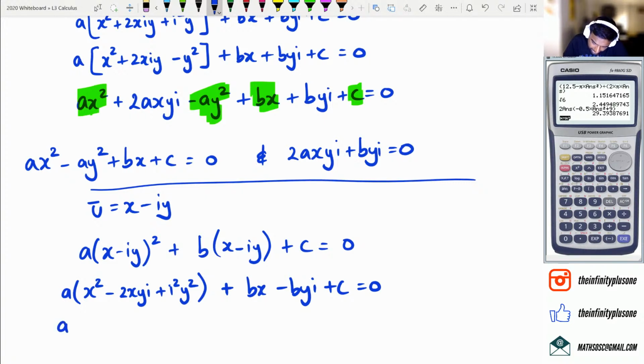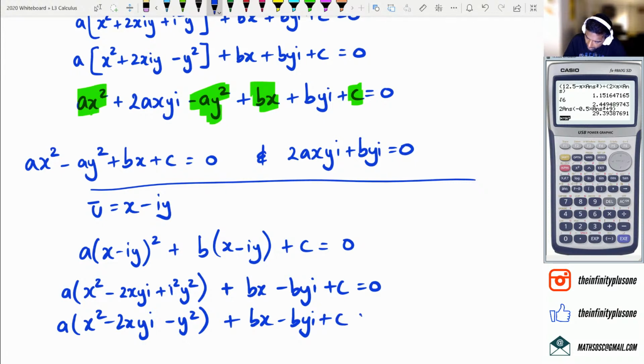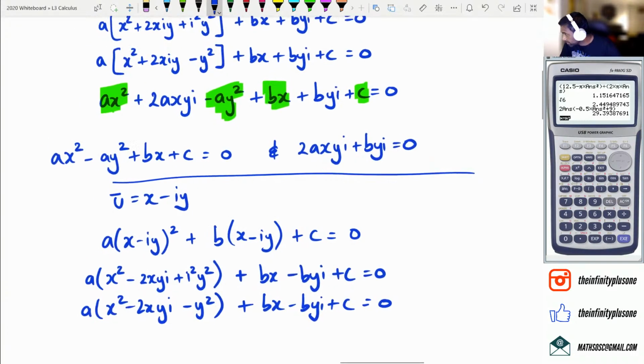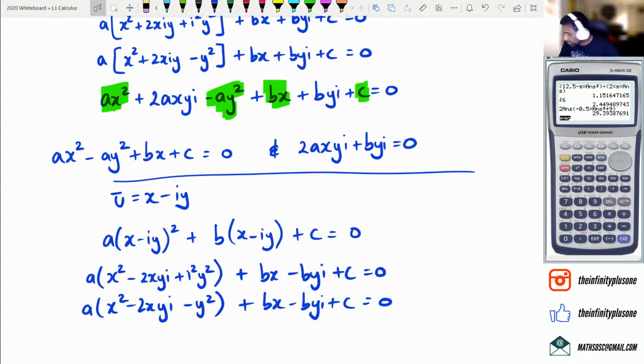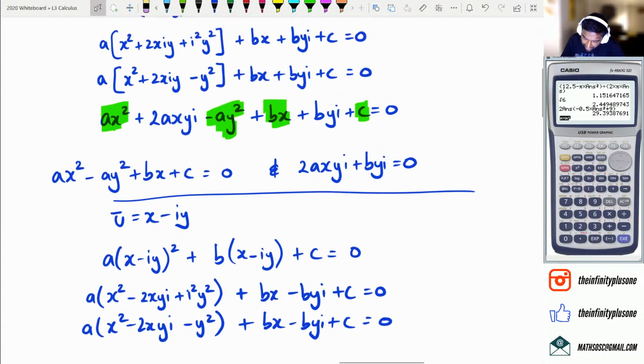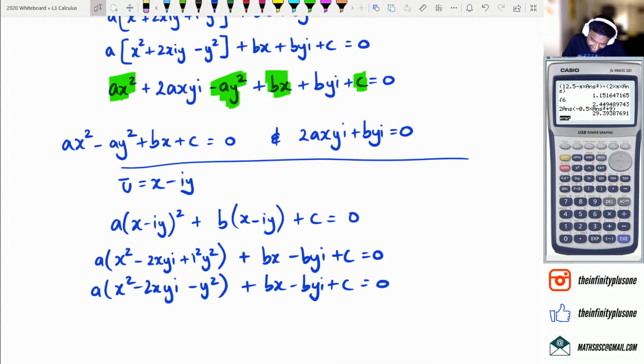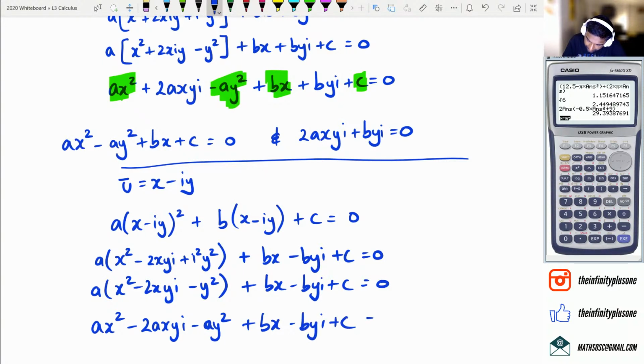Then I've got a times (x squared minus 2xyi minus y squared) plus bx minus byi plus c equals 0. So ax squared minus 2axyi minus ay squared, and keep going.